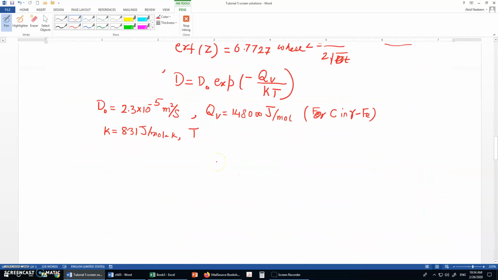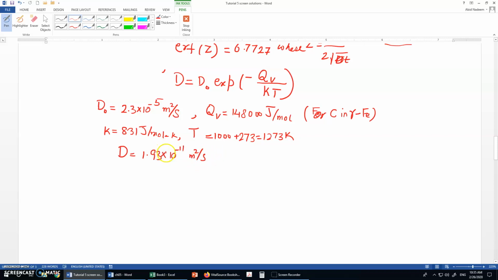We need to convert it into Kelvin: 1000 plus 273 is 1273 Kelvin. Now this is just a matter of inputting these values and calculating. The diffusion coefficient D will be equal to 1.93 times 10 to the power minus 11 meter square per second.